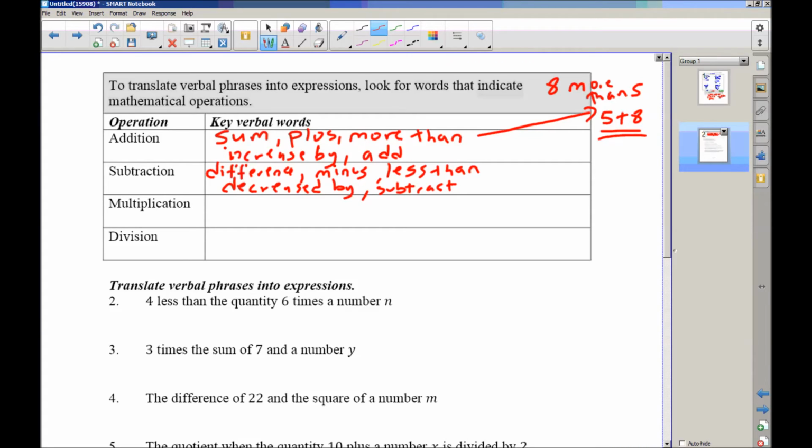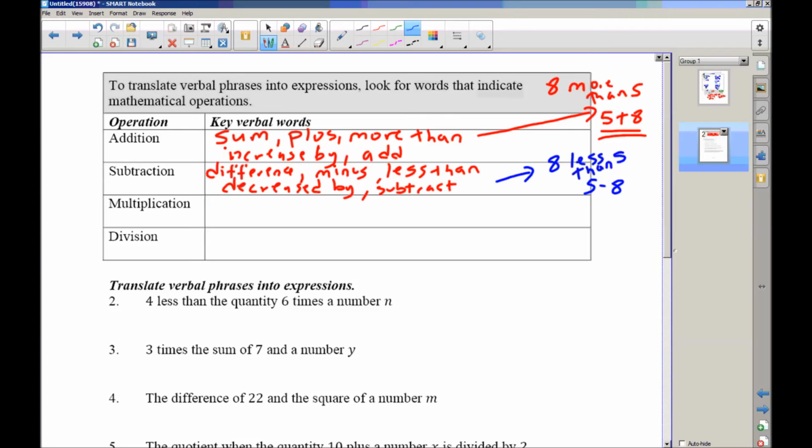And just like in the last one, let's do an example here. If I had 8 less than 5, that translates into 5 minus 8. And that is a different answer than 8 minus 5. 8 minus 5 would be 3, but 5 minus 8 is negative 3.